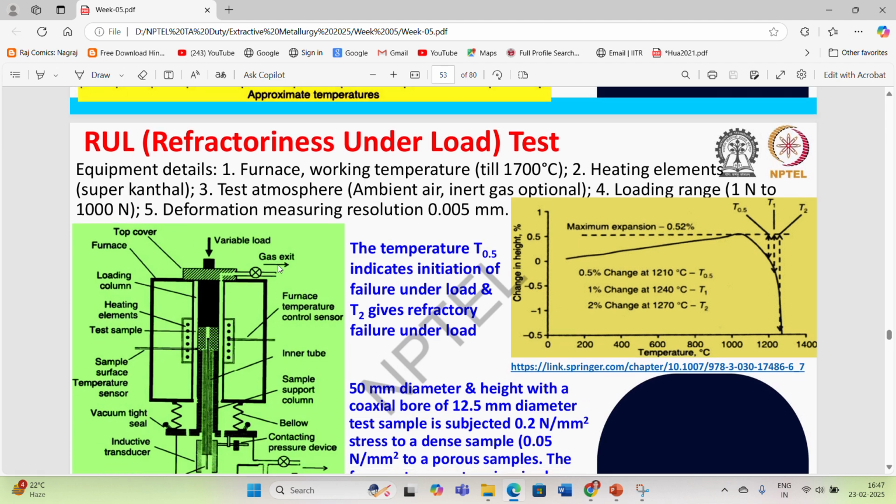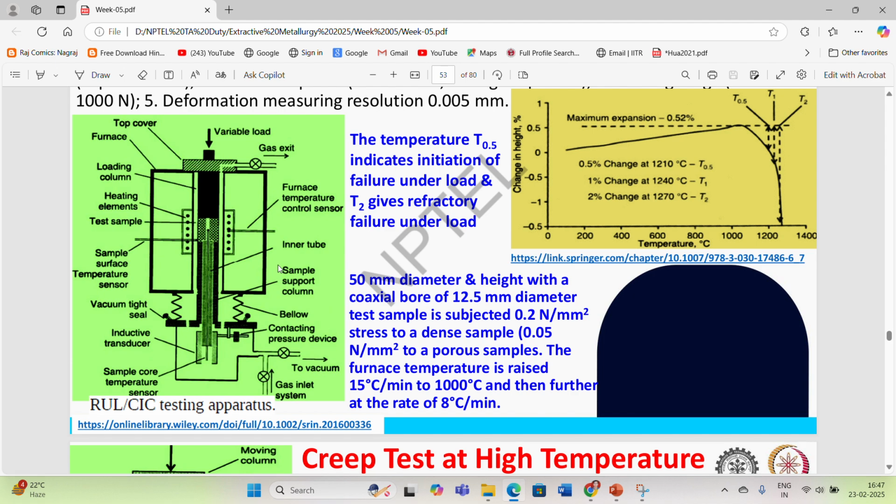In this type of test, we are trying to load the refractory materials at higher temperatures. First we heat the particular refractory brick we are going to test, then apply the load on that brick and check the strength of that refractory material at higher temperature.